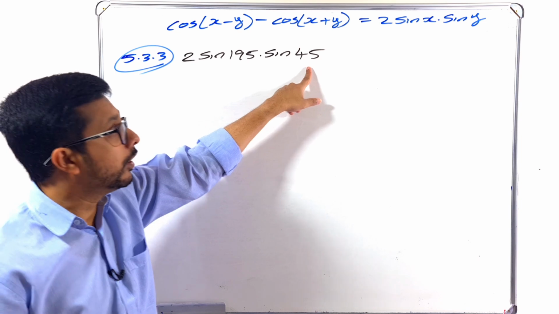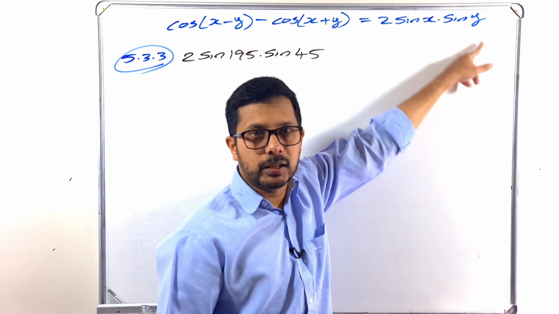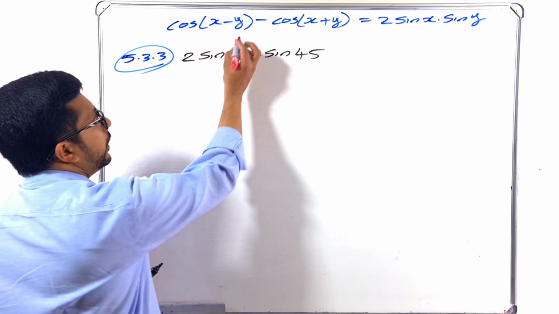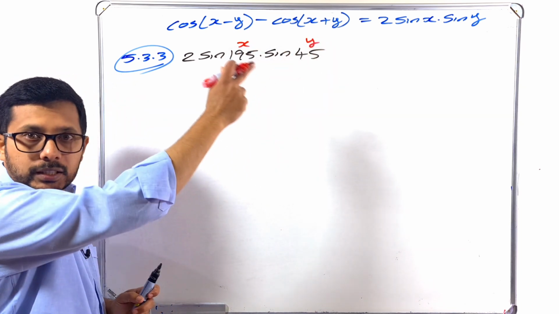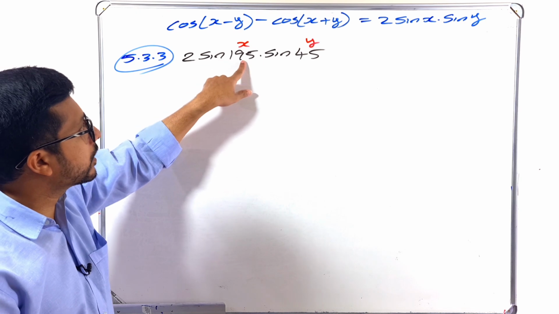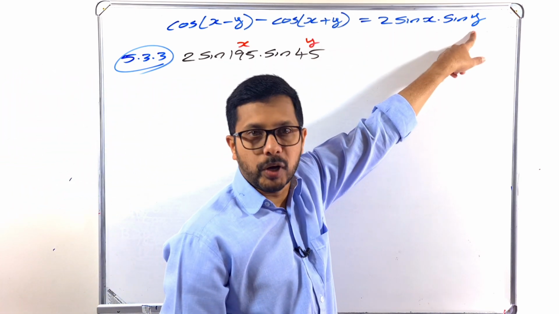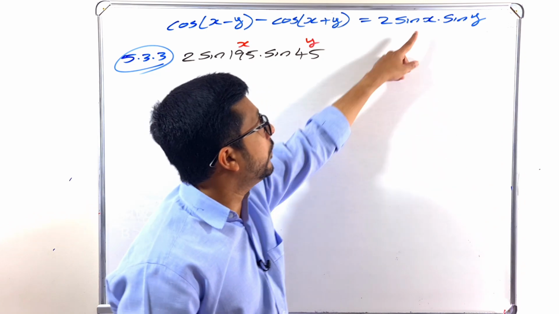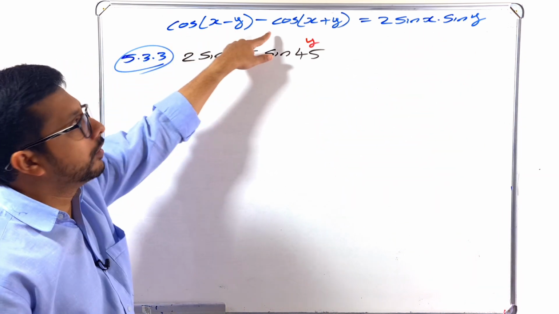Have you seen something? Look at the right side, 2 sin x sin y. If I call this 195 as x and this 45 as y, is it not like that? 2 sin x sin y, 2 sin x sin y. If it is x and y, we know how to write this one.